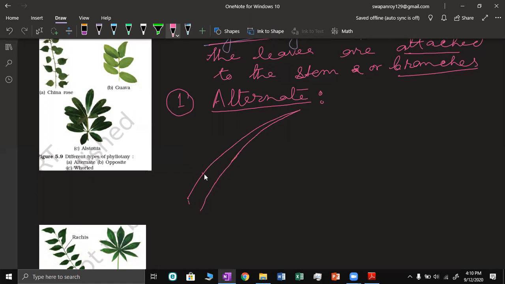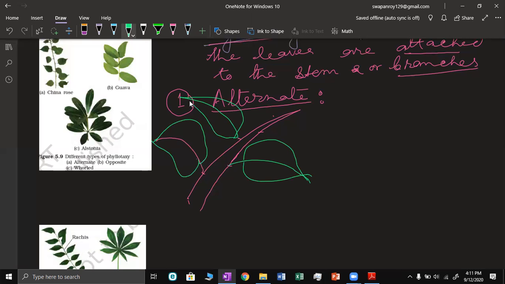Say this is the branch of the plant, and here there is one leaf, and the next one is on the next node, and it is more or less coming out alternately.